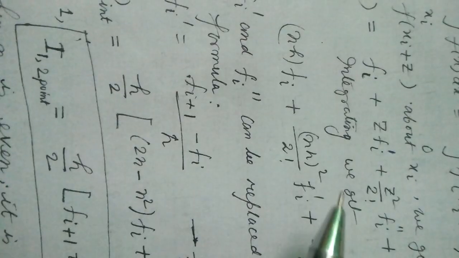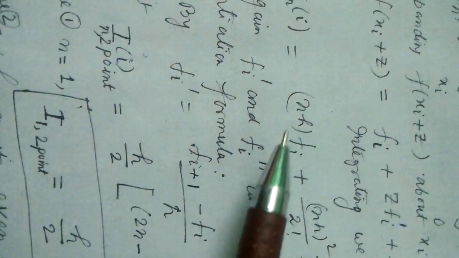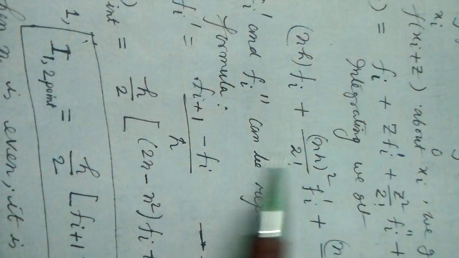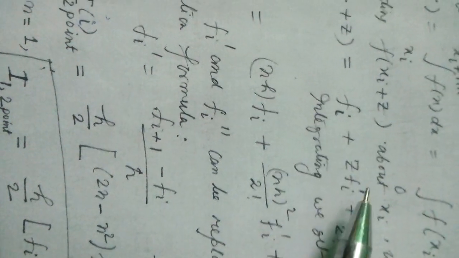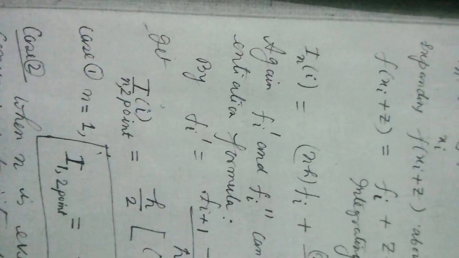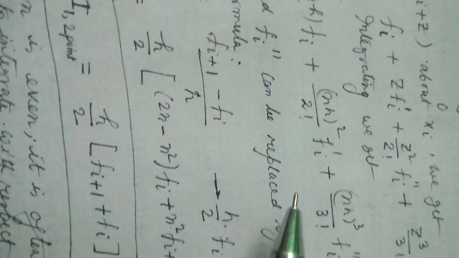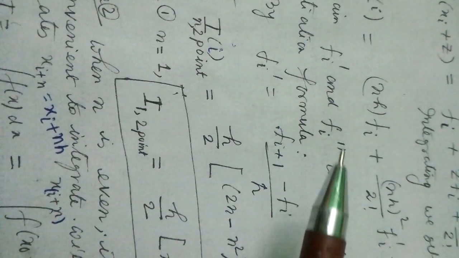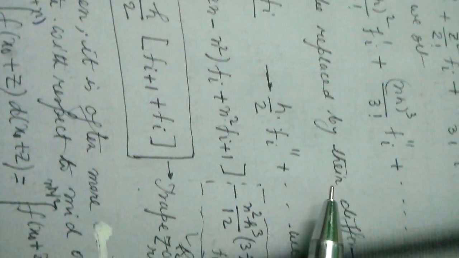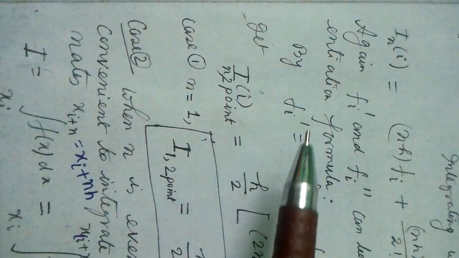Integrating term by term from 0 to nh, we get nh f_i plus the following terms, involving f_i' and f_i'', the first derivative and second derivative, which can be replaced by their differentiation formulas.